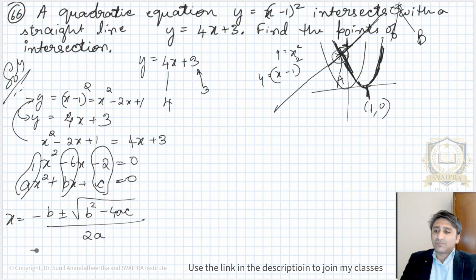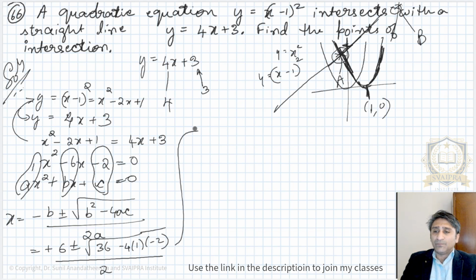So minus b is plus 6, plus or minus the square root of 36 minus 4 times 1 times minus 2, everything divided by 2 times a, which is 2. So that is 6 plus or minus the square root of 36 plus 8, divided by 2.